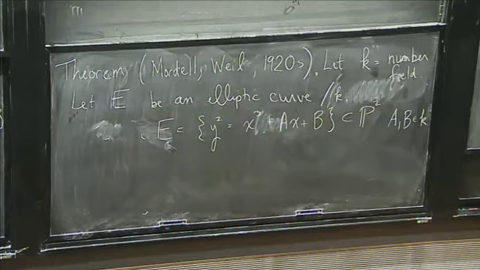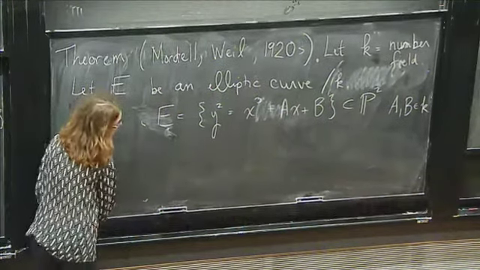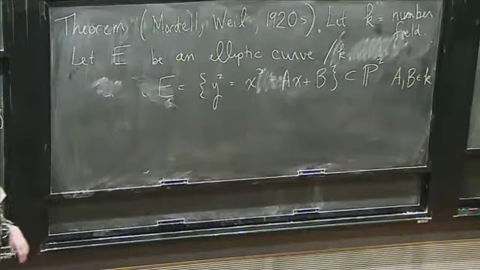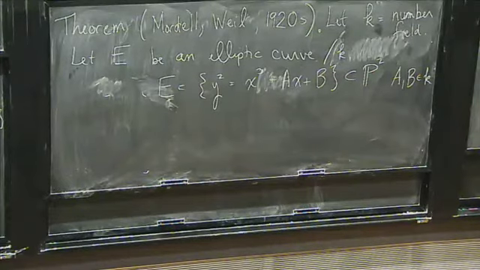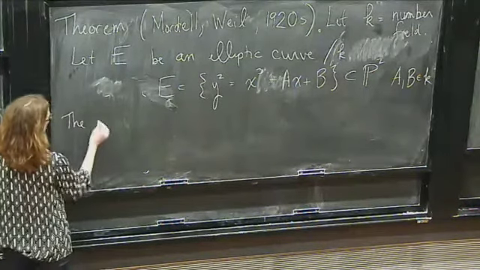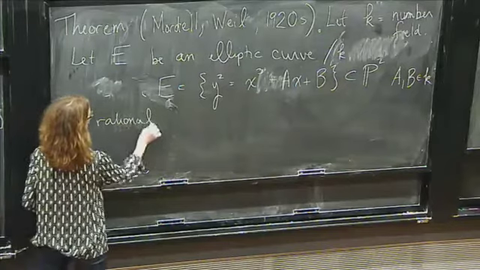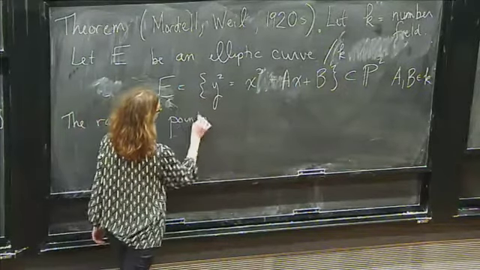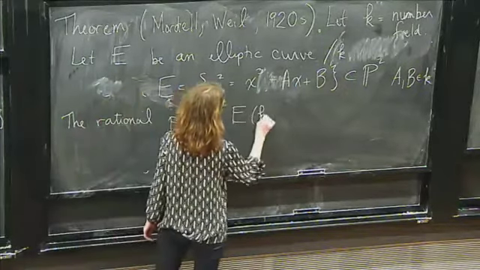And so what's the statement of the theorem? The theorem is that if you look at the rational points in E, that they form a finitely generated group. So the rational points, which is generally denoted this way.